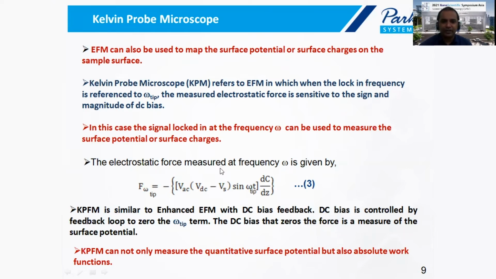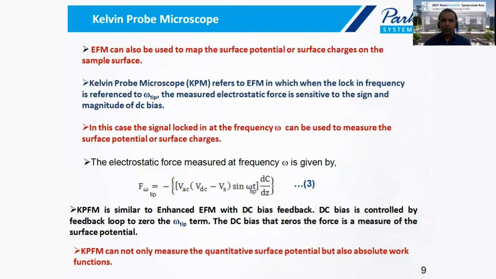The electrostatic force in this case is mapped at a frequency given by omega tip, which is the frequency of your AC sinusoidal voltage applied to your tip. There is a second lock-in amplifier which locks in at this frequency omega tip to reveal the electrostatic force.